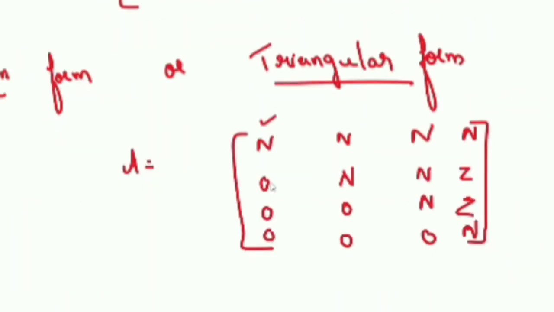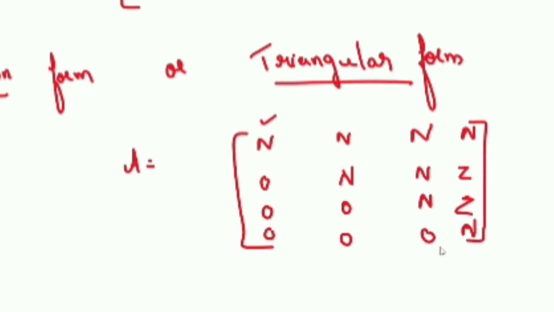So the number of zeros of this row should be less than the number of zeros of the next row. If you take the second row and you have 1 zero before the non-zero element, in the next row you should have at least 2. Now look here, you have 3, so you cannot have 2 here. Suppose it is n here, you cannot have 2. That is not echelon form.